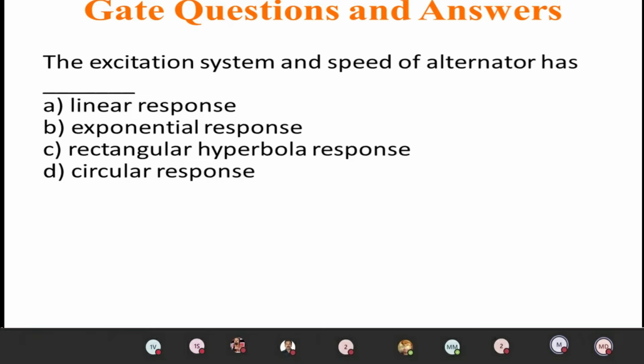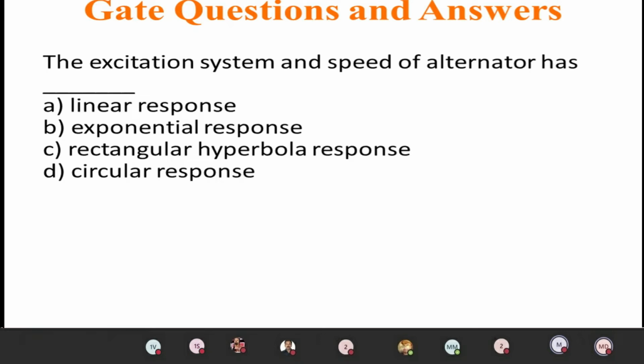The answer is the field. The field always produces a static magnetic field, so it has some stored residual magnetism. It may be stored for nearly 2 to 3 years. The amount of residual magnetism is very small.